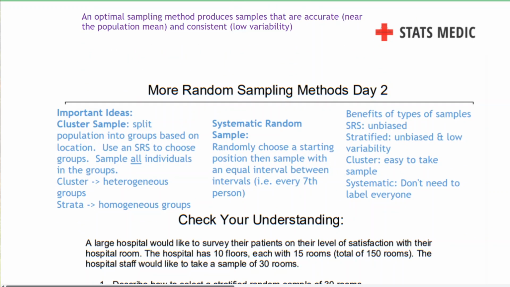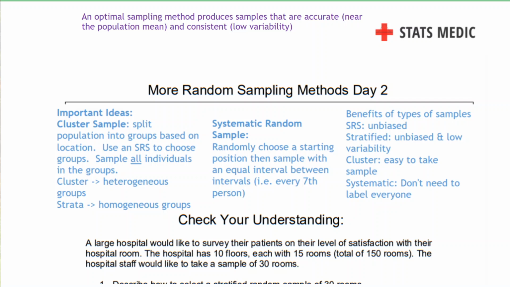We've got a cluster sample, and a cluster sample is, first we split the population in groups based on location, usually. And then we're going to use an SRS to choose groups. Now, in a cluster sample, you're going to sample all the individuals in the group. Since a cluster sample is often confused with a stratified sample, one thing to think about is in a cluster sample, the groups are going to be heterogeneous.